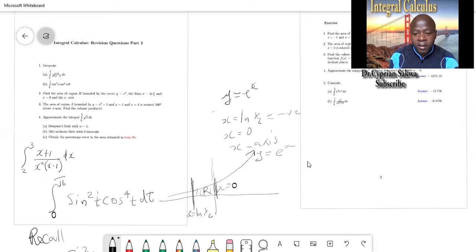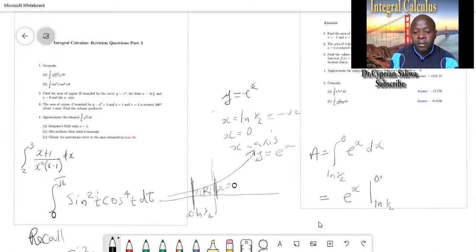So how do you find area? Area, therefore, will be given by the integral from our lower limit ln of a half to our upper limit 0, of e raised to x dx. So this would give us e raised to x, from ln of a half to 0.